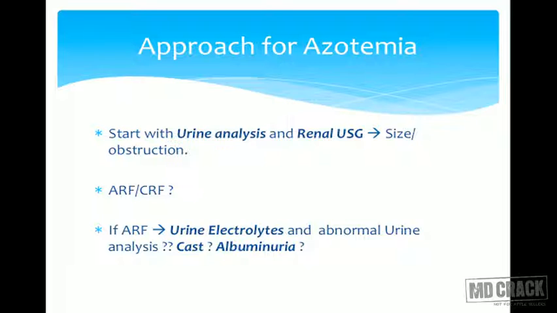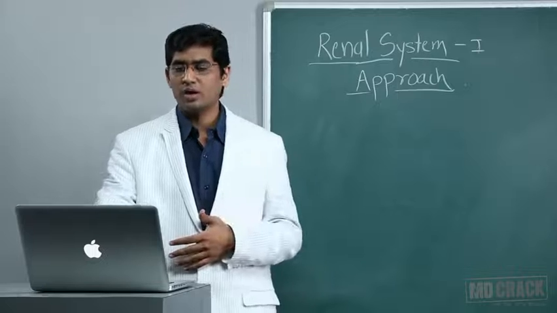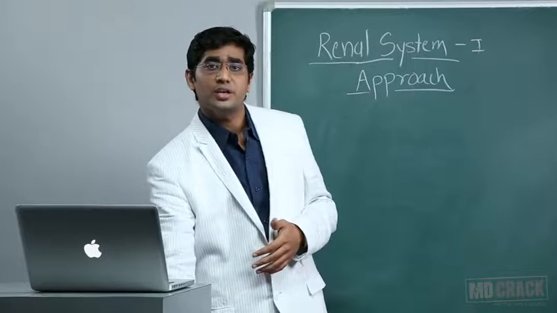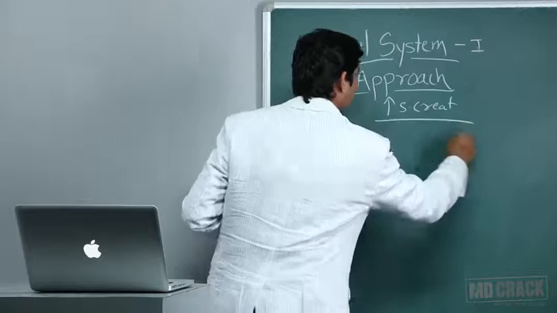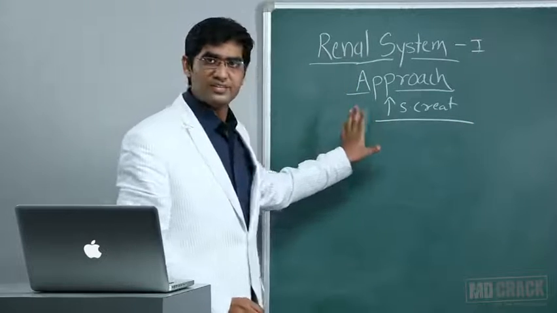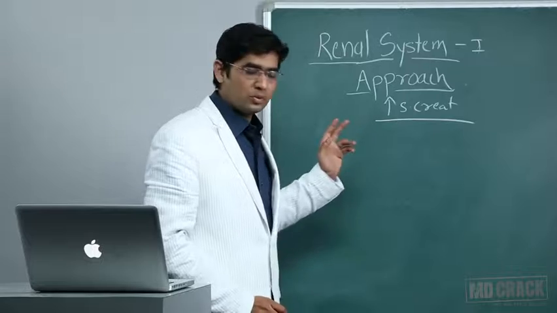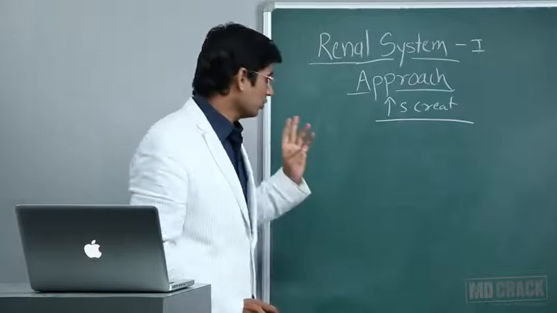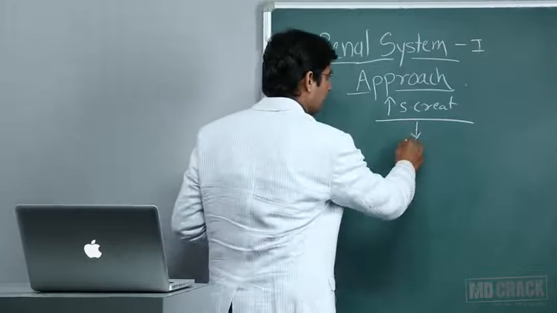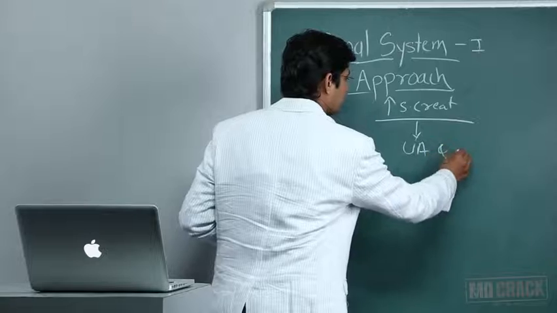And if it is acute, then what is it, whether it's pre-renal, renal, or post-renal, and you need to find the cause. So we have an approach for azotemia, and we will see it on the board. Azotemia means increased serum creatinine. So you need to prescribe two investigations, that is urine analysis and USG.